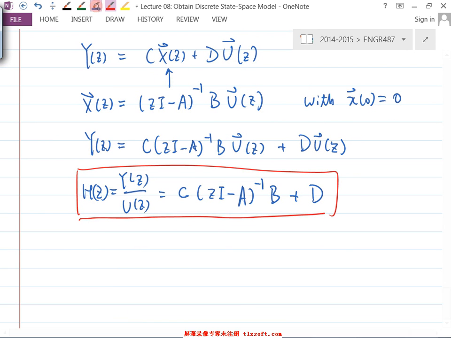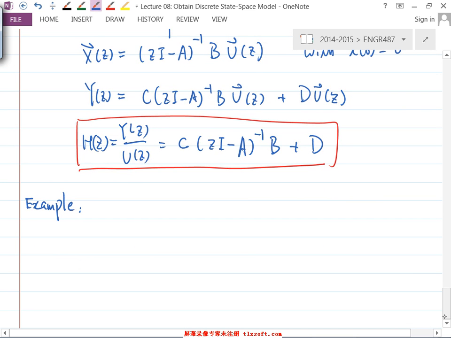Okay, so let's take an example here. I'm giving you a continuous system model. This is the kind of model very similar to the experiment that you're going to do for your project, the experiment setup.